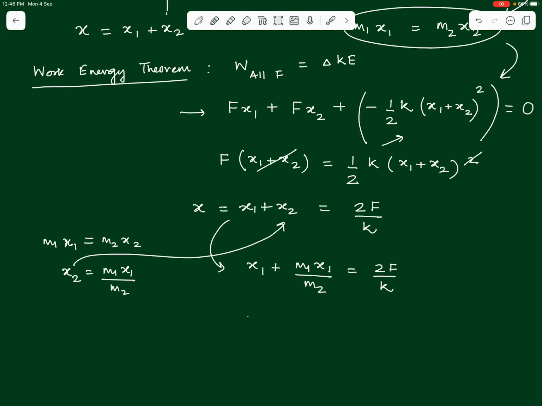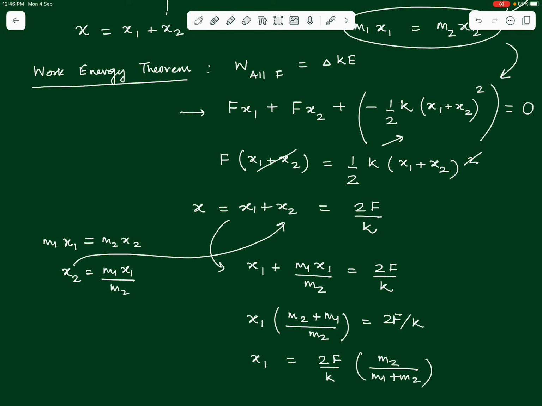So when we solve this, taking x1 common, 1 plus m1 by m2, we can take an LCM to get m2 plus m1 by m2 is equal to 2f by k, and from here now we can get the value of x1 as 2f by k times m2 by m1 plus m2.